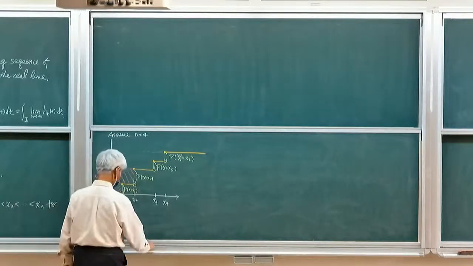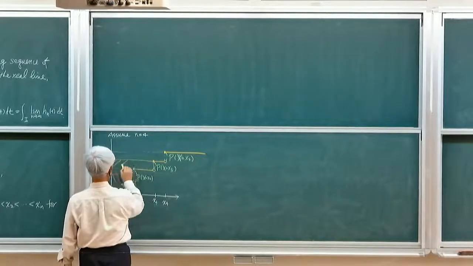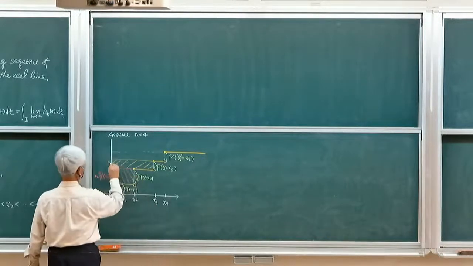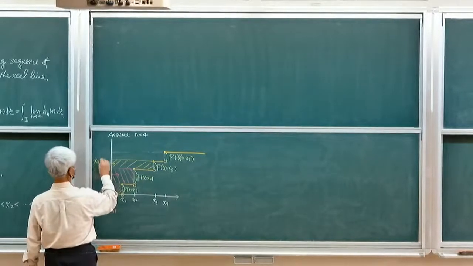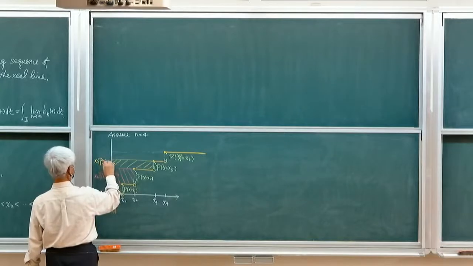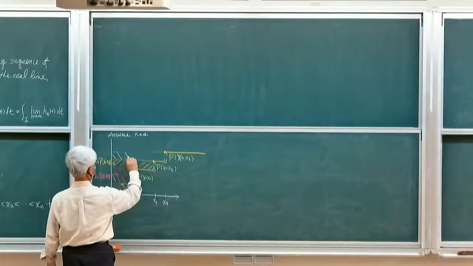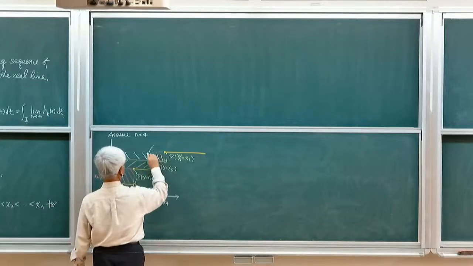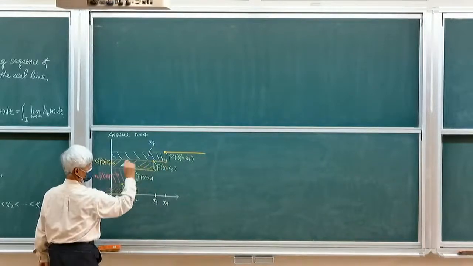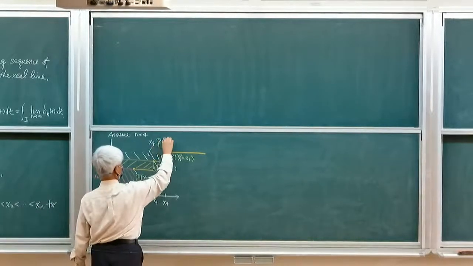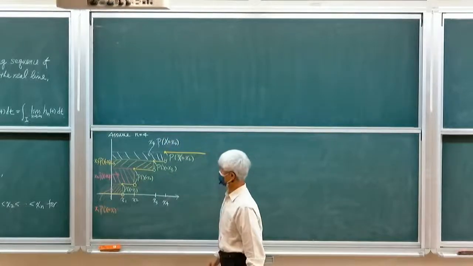And so on: this one is x3, with width probability of X equal to x3, and finally this one is x4, because the length is x4, right? And the width is the probability that capital X equals x4. Okay.